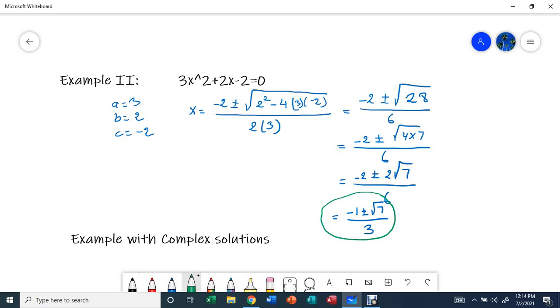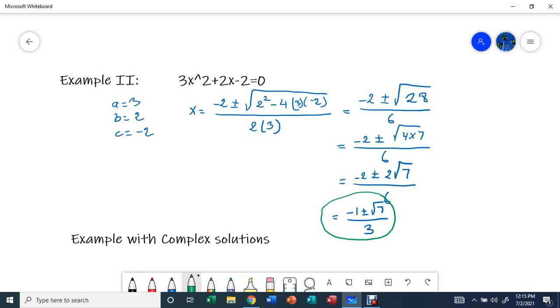So as you see, the quadratic formula contains the square root, and we all know the domain of the square root is non-negative numbers. So sometimes you get a negative number under the root. So you can conclude there is no real solution to that equation, but the equation has a solution in complex numbers.